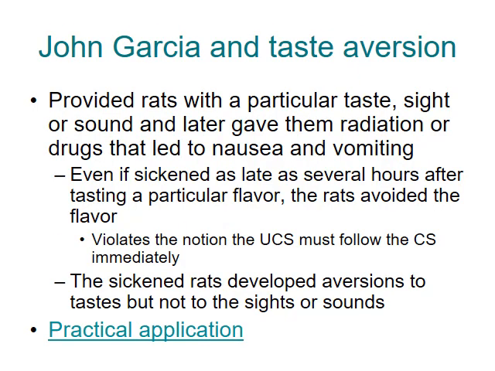You should know about John Garcia. He's an important researcher. Garcia and Koelling did an experiment where they provided rats with a dose of radiation and food. The radiation would have made them sick. What they were interested in was what exactly the animals would become conditioned to and how quickly the conditioning would have to be paired together. What Garcia was able to show is that the unconditioned stimulus didn't necessarily have to immediately follow the conditioned stimulus.